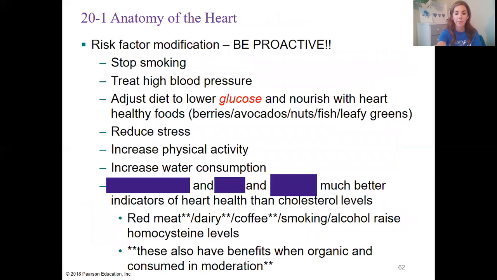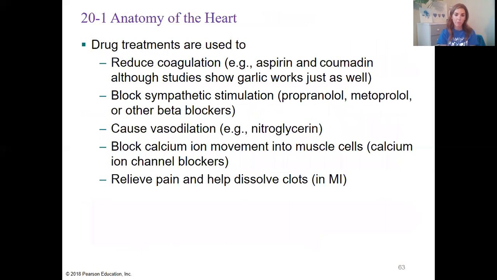Okay, so we already talked about that. If you're going to do drug treatments, I'm not going to read all of these, but there are a couple of different things there in regards to drug treatments. Aspirin and Coumadin are listed in the book. However, I will tell you as a holistic practitioner that I have seen studies that show that garlic will also be just as helpful in thinning the blood and does not come with all of the negative side effects of the aspirin.